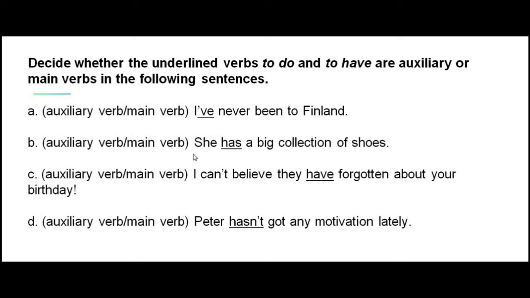B. She has a big collection of shoes. C. I can't believe they have forgotten about our birthday. D. Peter hasn't got any motivation lately.